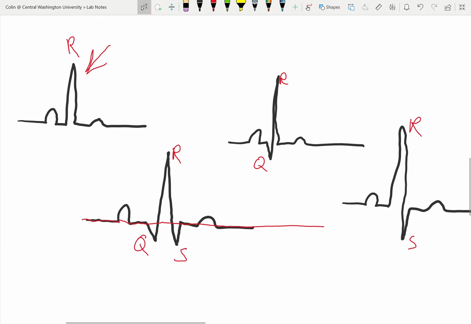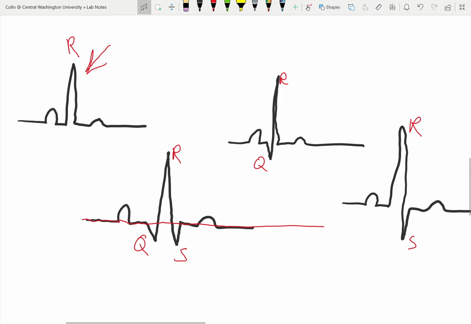When we're looking at the heart from a slightly different angle, it's going to print on the paper a little differently. But it's okay. You can have all three of the waves. You can have one of them. In general, it's really not a big deal. Not at all.